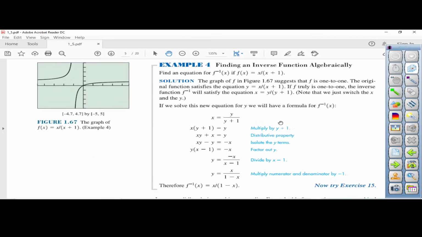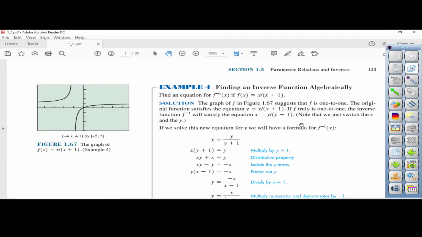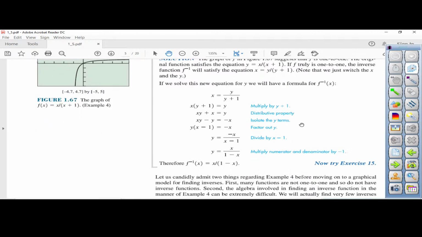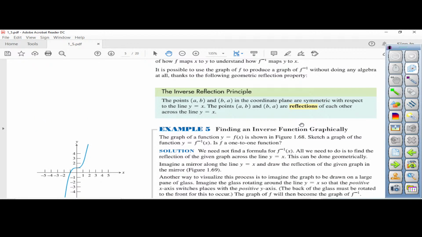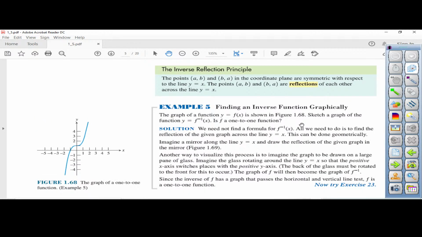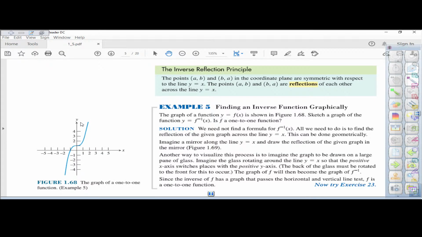So that was method number 1, which is to solve algebraically. Method number 2, which is the easiest, by the way. You all know that there is a line called y equals x. It's a straight linear line.